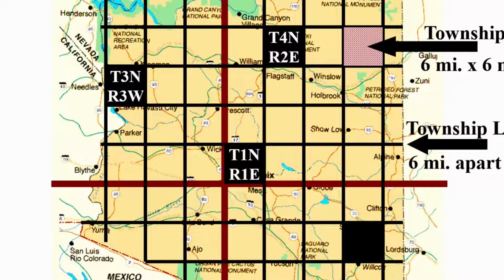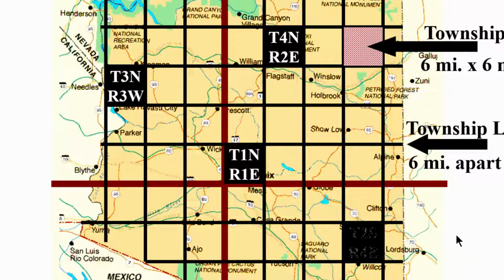Let's do another one. All right, down here in the southeast quadrant, that one is how many townships south of the baseline? Here's our baseline. It's 1, 2 south of the baseline. And how far east of the meridian is it? It's 1, 2, 3, 4 spaces east.